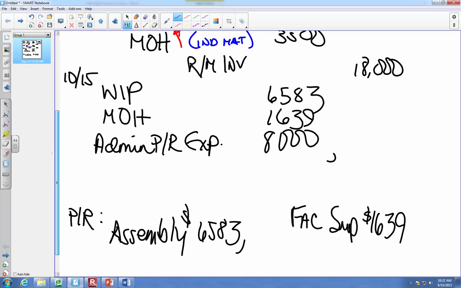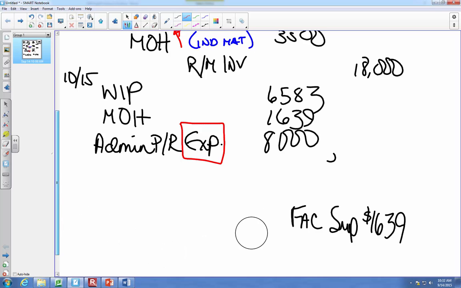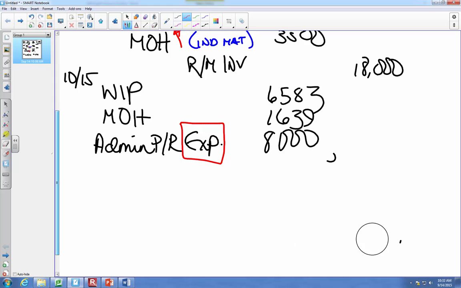If these were sales salaries, it would be sales payroll expense. If they were marketing salaries, marketing payroll expense. The key here is that you show me which word. That means it goes straight where? P&L. Very good. What am I going to credit? Salaries payable.